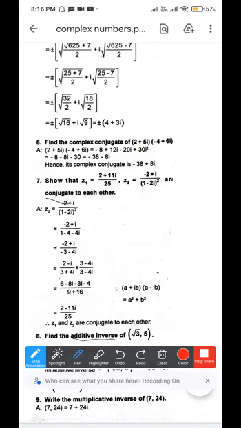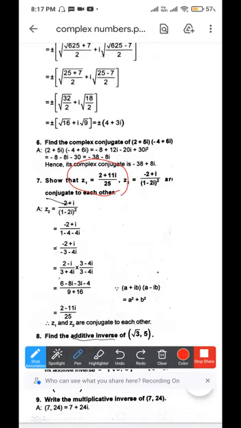Next question. Show that z1 = (2 + 11i)/25 and z2 = (-2 + i)/(1 - 2i)² are conjugates of each other. So we have to show that these two complex numbers are conjugate of each other.